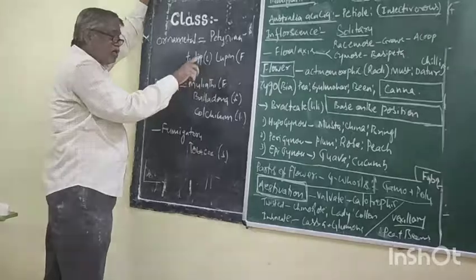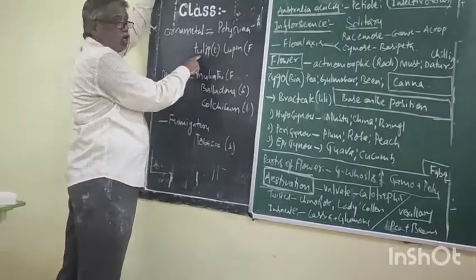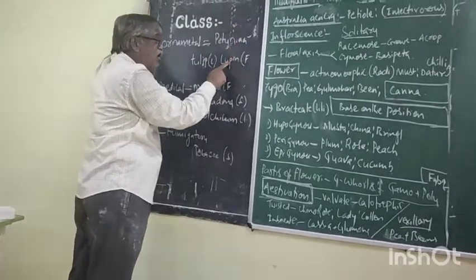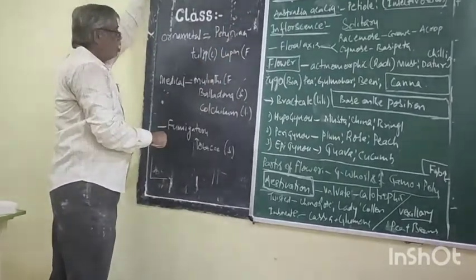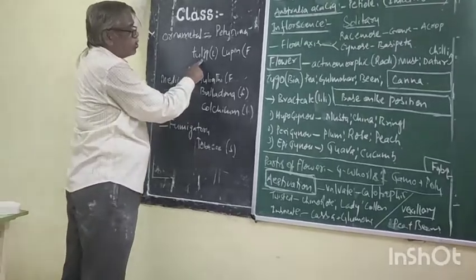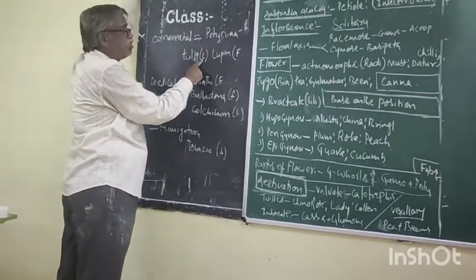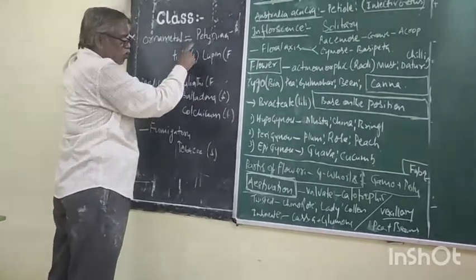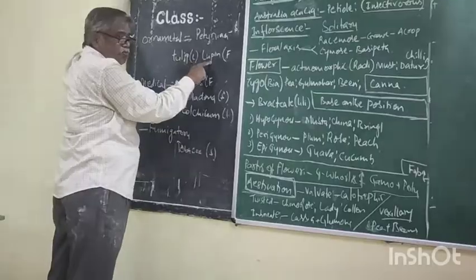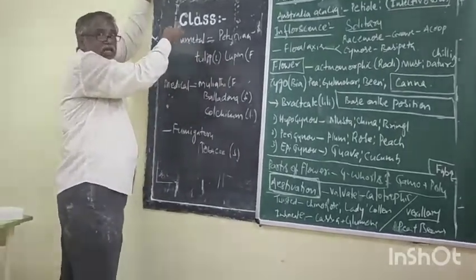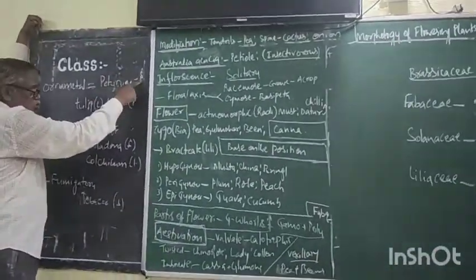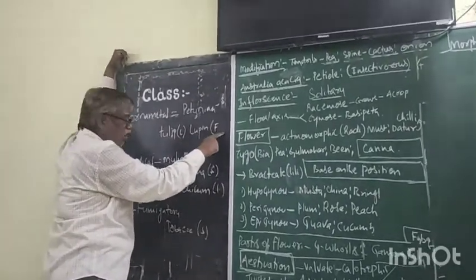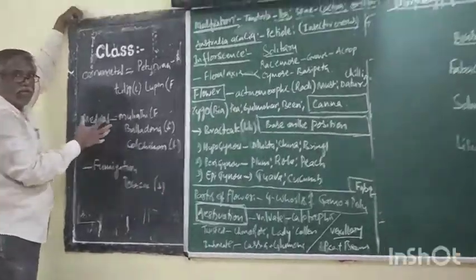Solanaceae. Now another plant. Tulip, which also acts as ornamental, but it is a different family. Tulip is a Liliaceae. Lupin is a Fabaceae. See, 1, 2, 3. These are the 3 plants used as ornamentals from different families: Solanaceae, Liliaceae, Fabaceae. Tulip is a Liliaceae. Lupin is a Fabaceae.